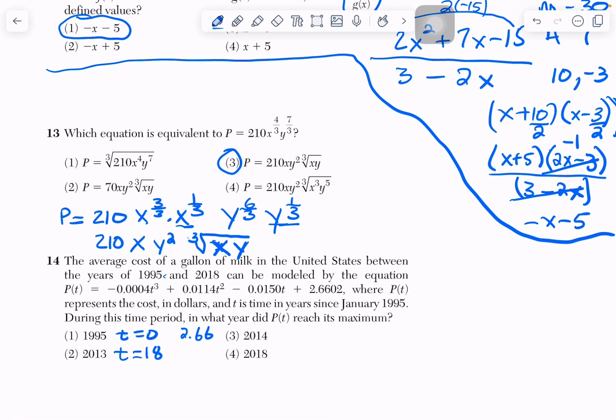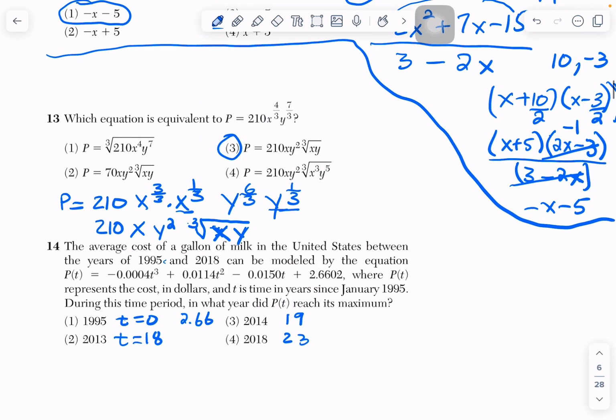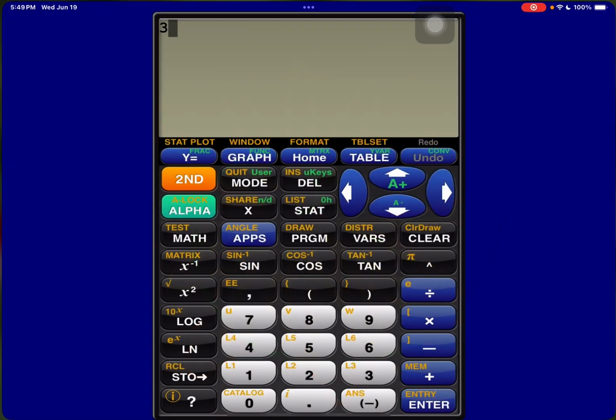But there's a lot of places we can go wrong when we calculate those. So what I did was I put them into my calculator, right? So this one is 19 years, and this one is 23 years. So I went to the calculator, and I have a different calculator this time. I hope it does better than the other one I was using earlier today. But let's try this.